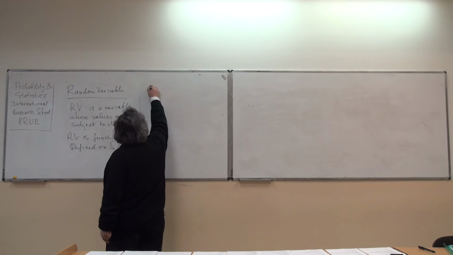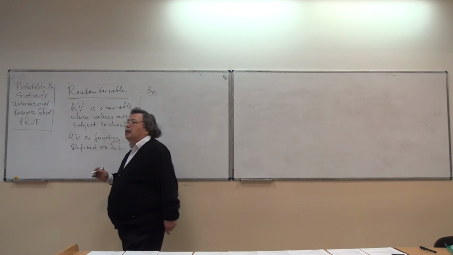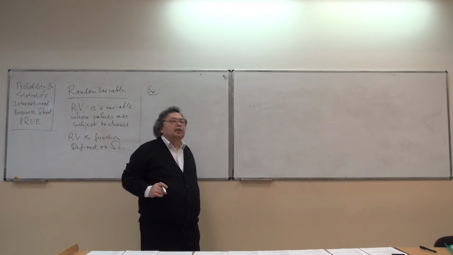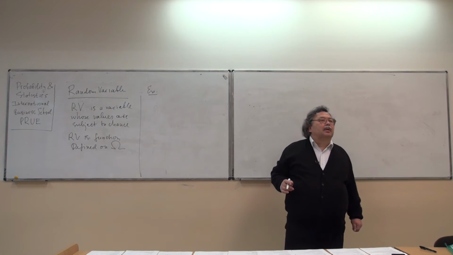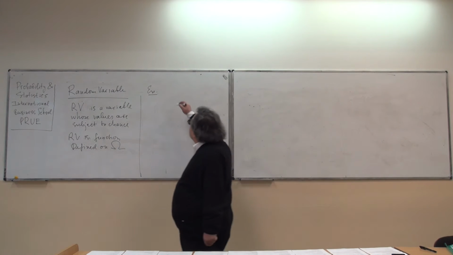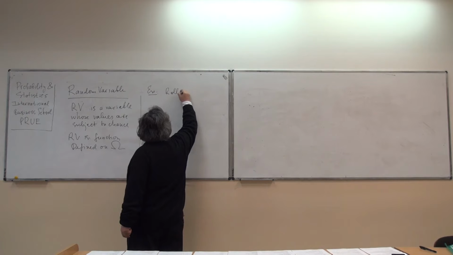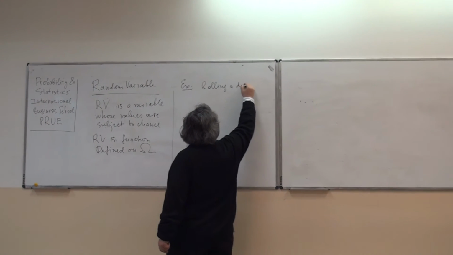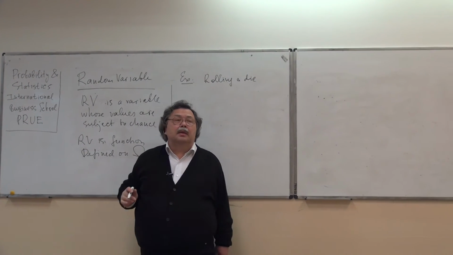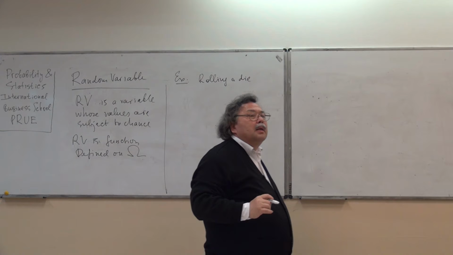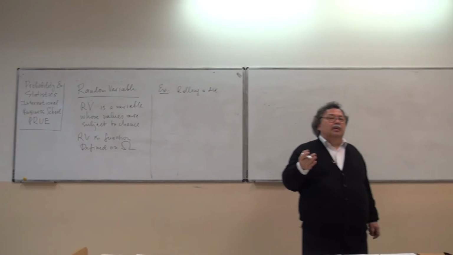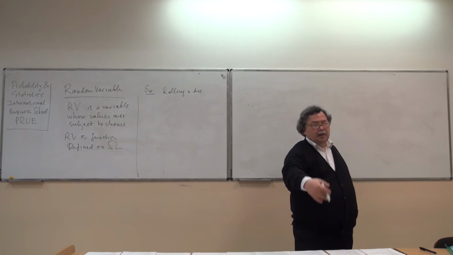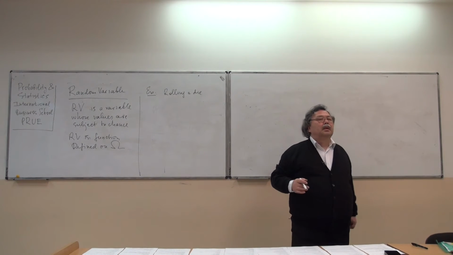Well, let's start with this classic example, probably the simplest possible example, the experiment of rolling a die. In the classical die, there are 6 faces, and there is a number printed on each face. So when we roll a die, there is always a number on top.